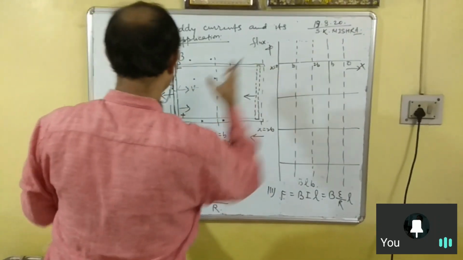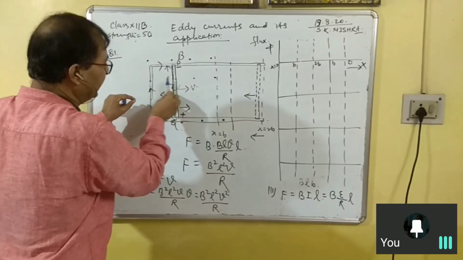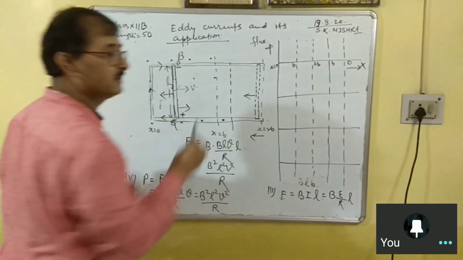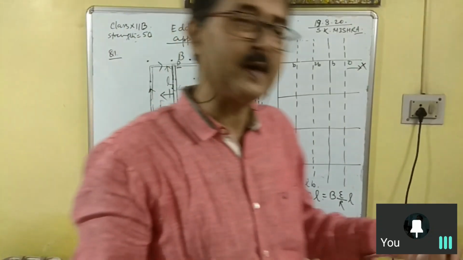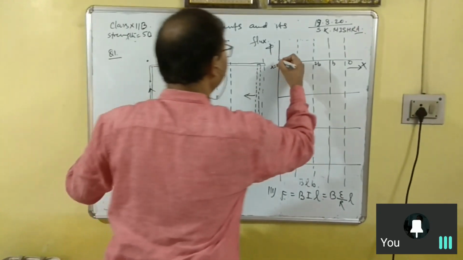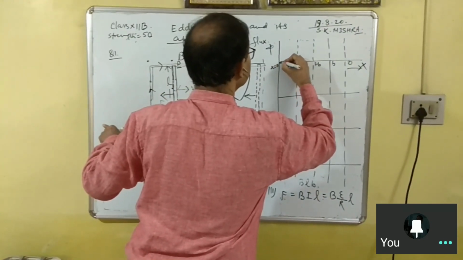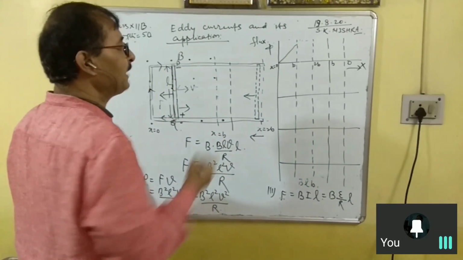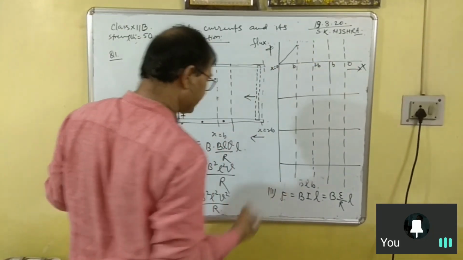So flux: if you pull the rod towards right, then the area bounded by this portion keeps on increasing. If the area is increasing, the flux linked with the coil is increasing. So flux is increasing linearly up to B. And what will be the value of this peak?